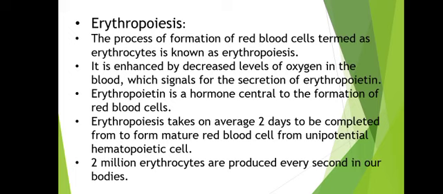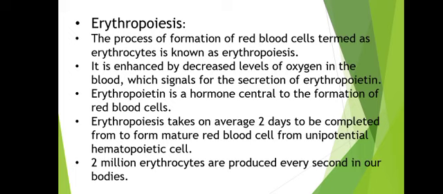Hematopoietic cells determined to become red blood cells usually get smaller and more condensed as they mature until they finally lose their nuclei.